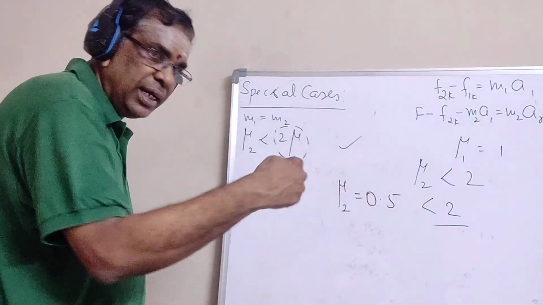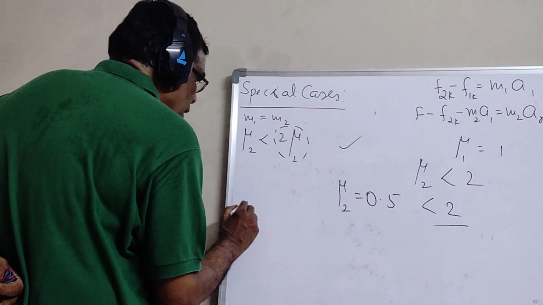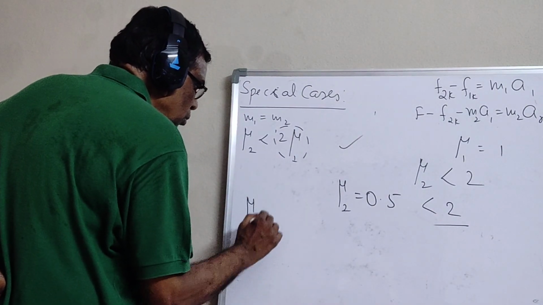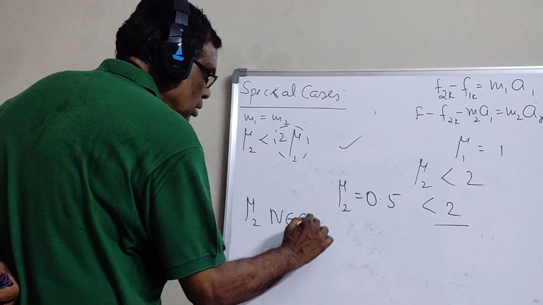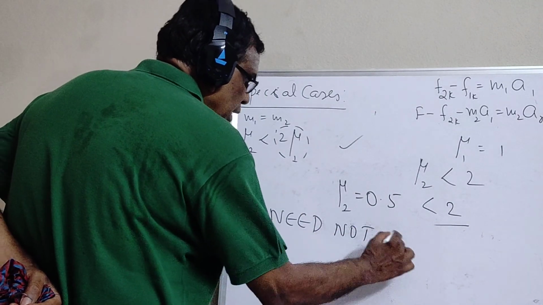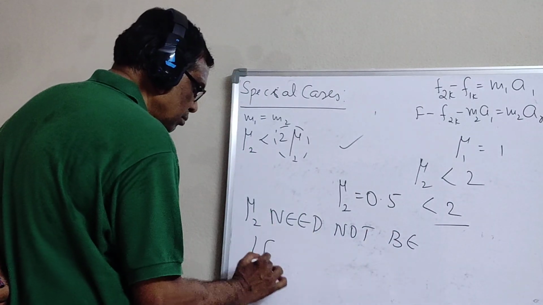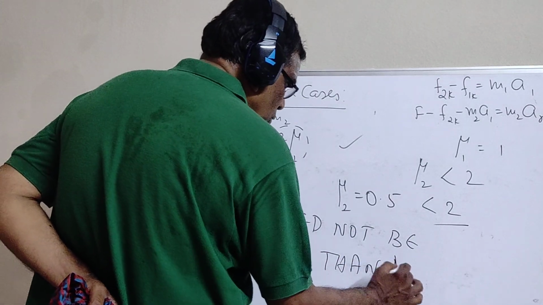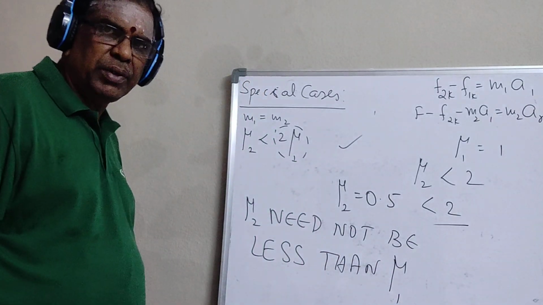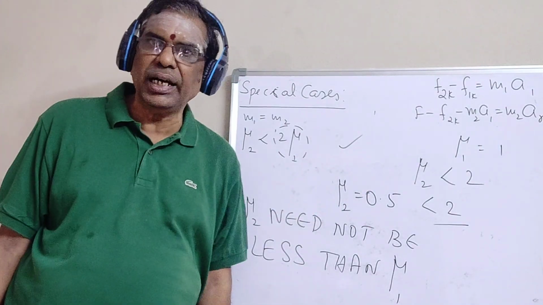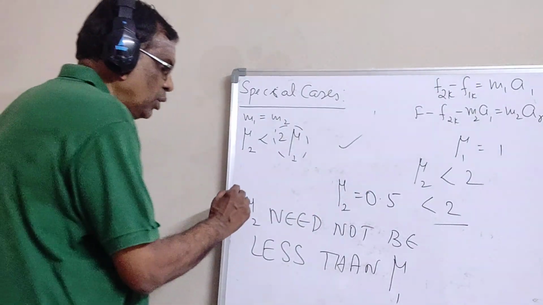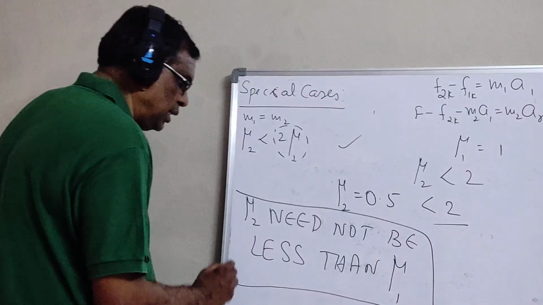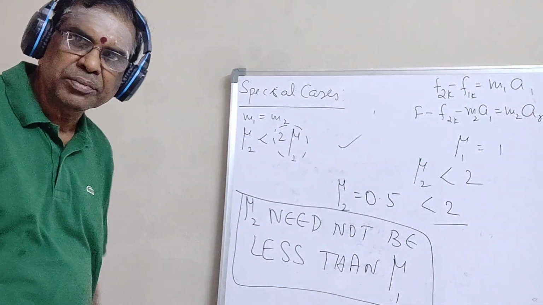I am making another statement that mu2 need not be less than mu1. Please correct the statement. The previous statement was wrong. mu2 need not be less than mu1.